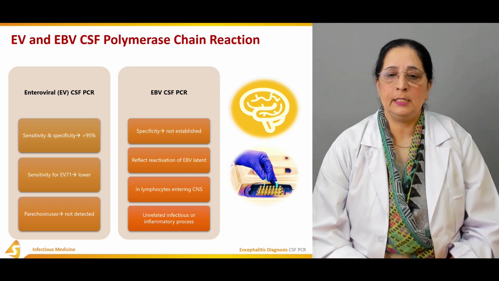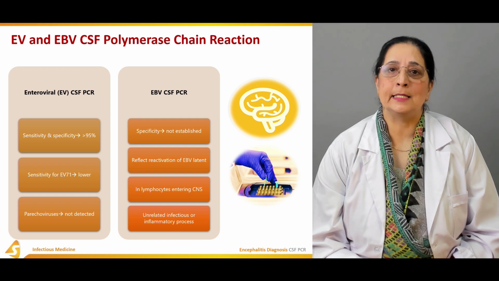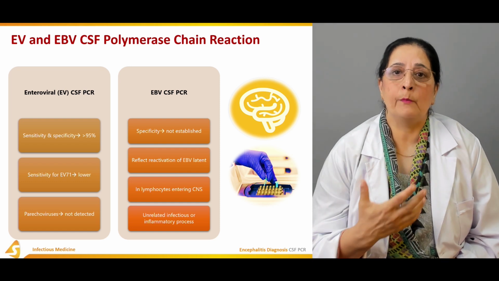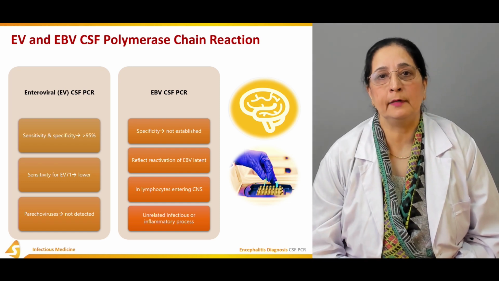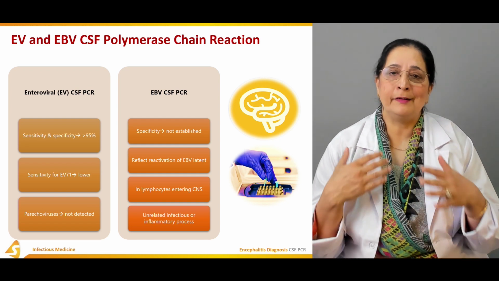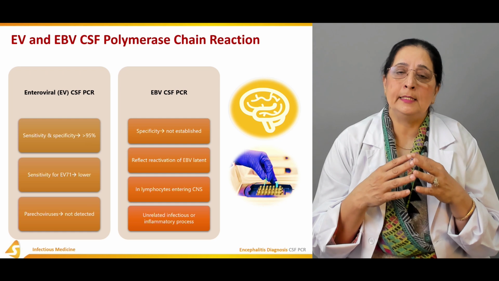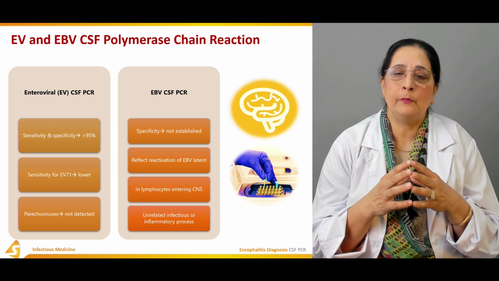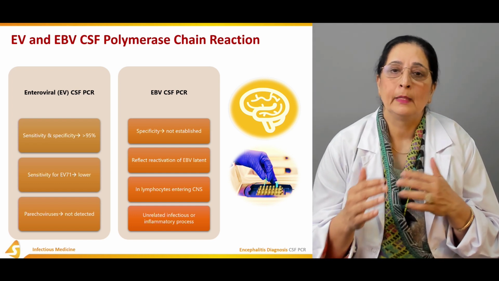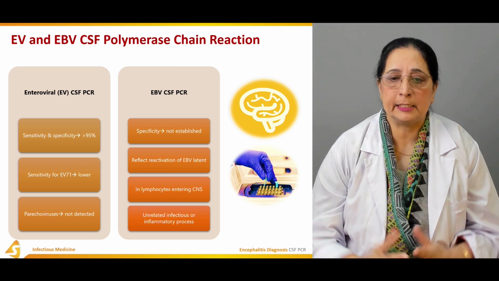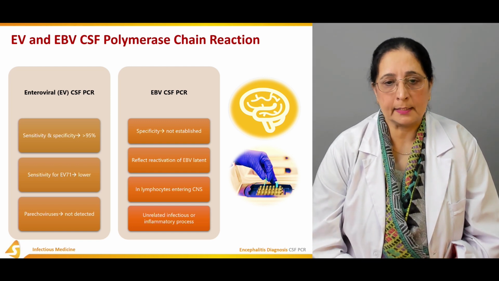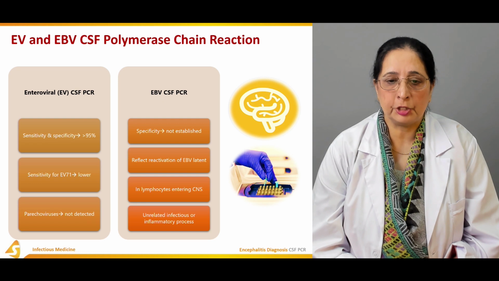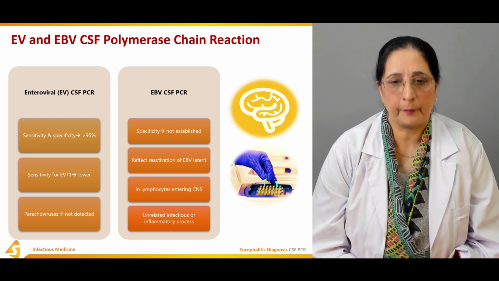So sensitivity is not established in the case of Epstein-Barr virus as compared to enterovirus, in which we have more than 95% sensitivity and specificity. But what it reflects is the reactivation of the Epstein-Barr virus, which is present in the body in the latent phase. It tells us about the reactivation of that virus in lymphocytes entering the central nervous system, an unrelated infectious or inflammatory process.